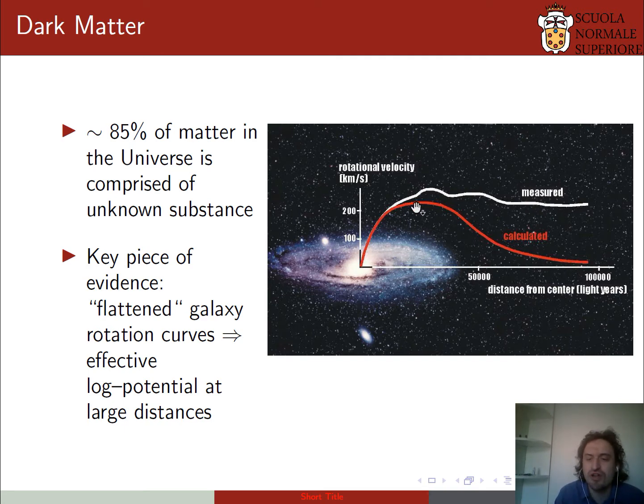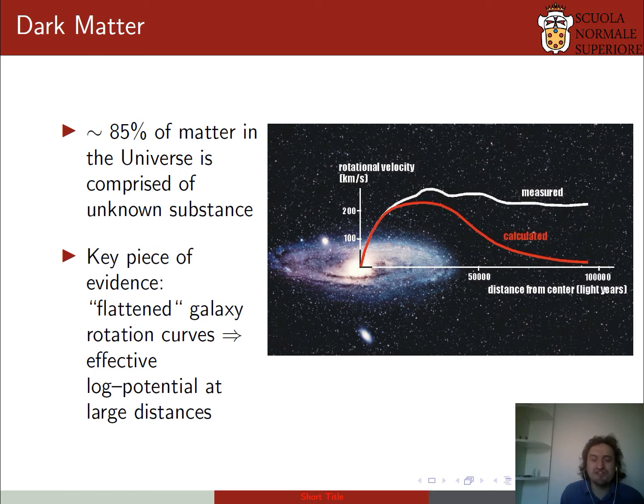However, what was actually observed in many galaxies is the flattening of velocities at large distances, implying the presence of additional gravitating but non-luminous mass.